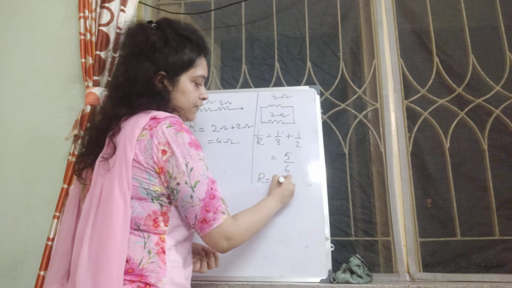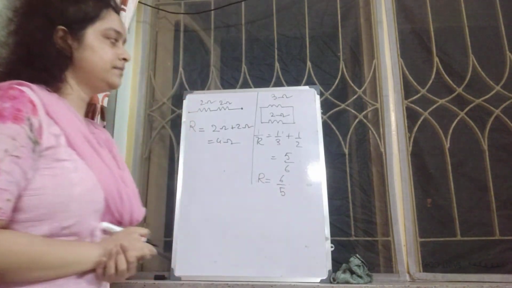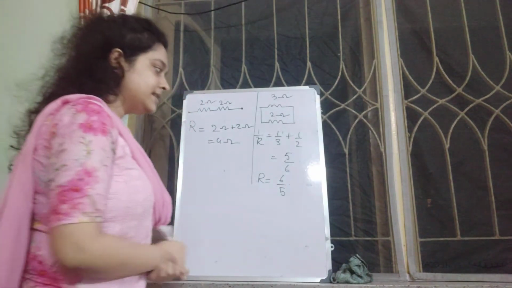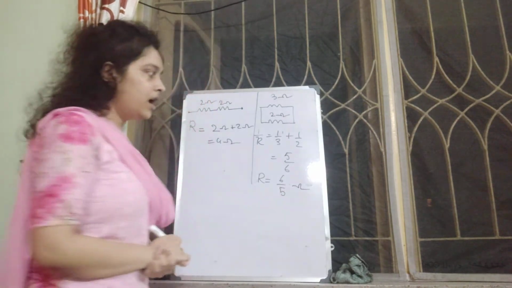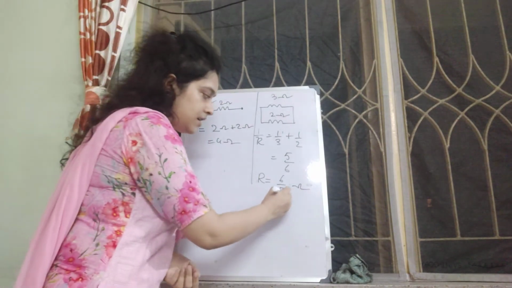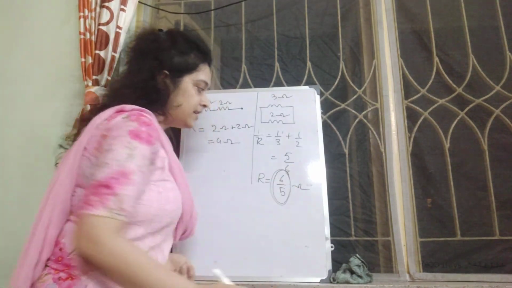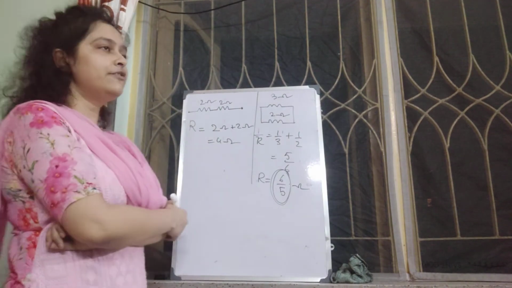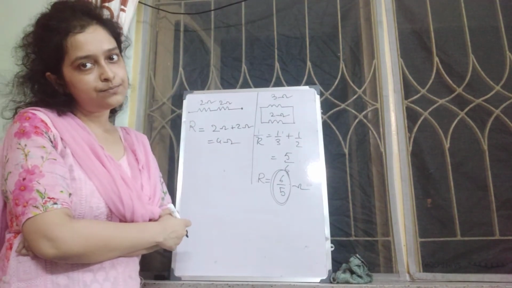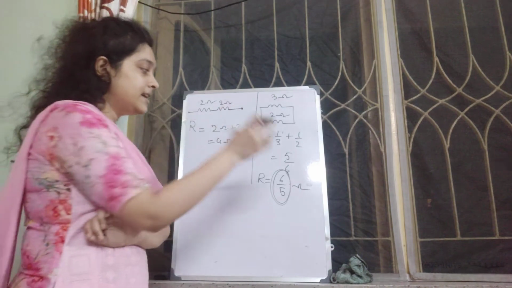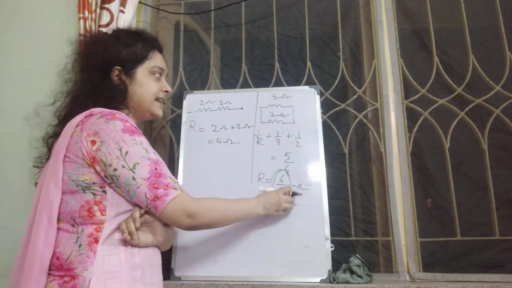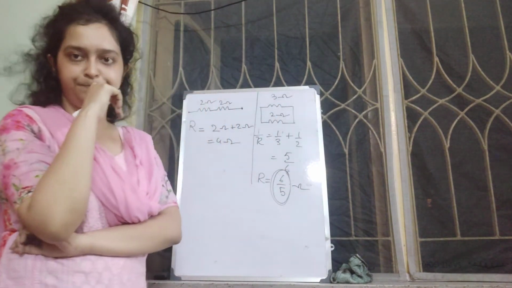R equal to therefore 6 by 5, which is less than 3 and less than 2. So you are getting the equivalent resistance less than the individual ones.